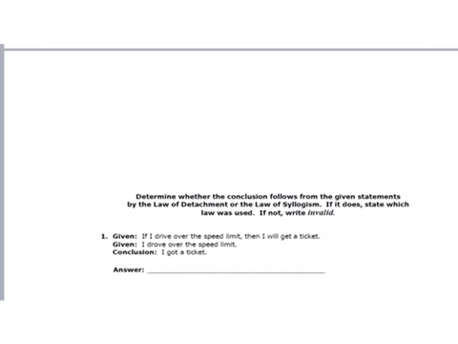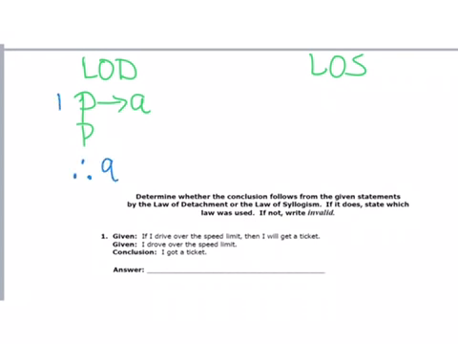Okay, for this one, the directions say to determine whether the conclusion follows the law of detachment or the law of syllogism. So I'm going to do law of detachment versus law of syllogism. I'm going to write out my symbolic maps. This is a P to Q and a P. Therefore, my conclusion is Q. I need this in the first statement and this in the second statement.